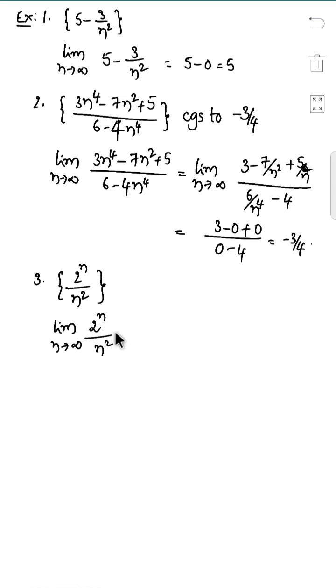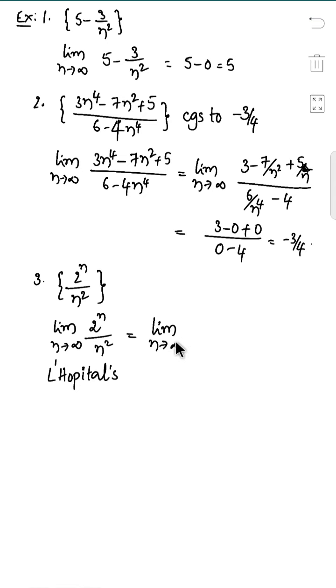Now what do we do? You use L'Hopital's rule, or L'Hospital's rule, whatever it is. First you differentiate with respect to n. What is the differentiation of 2 to the power of x? It is 2 to the power of x into log 2.